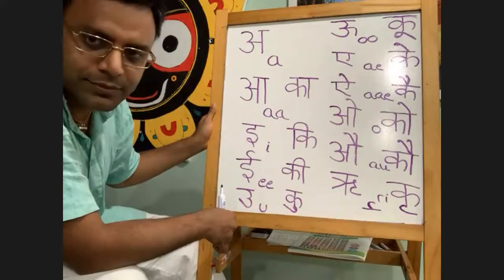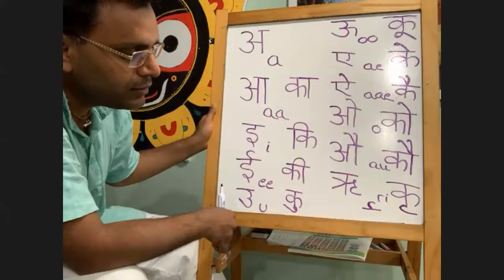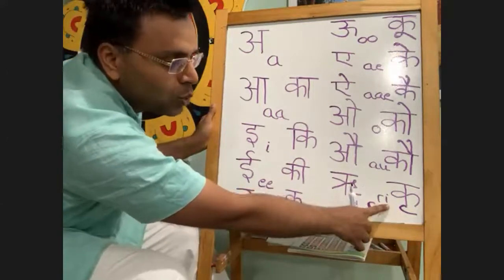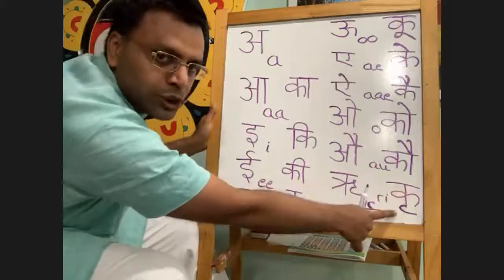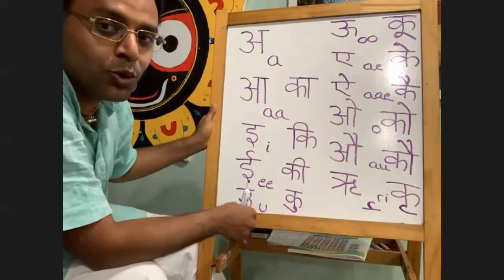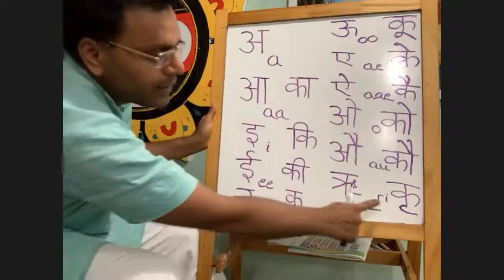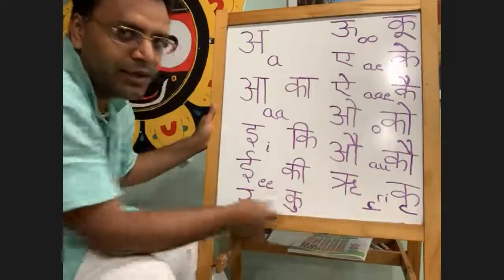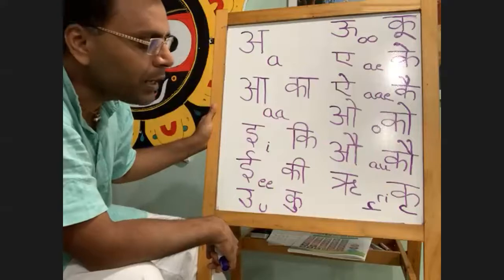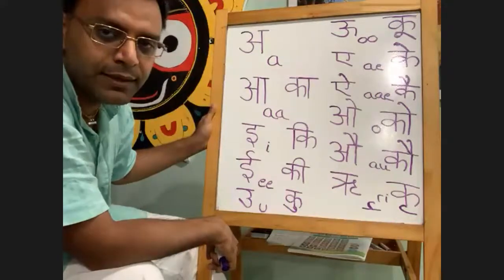We can say re or ru, both are correct. So Ka plus Ru, Krushna. Rather than RI, you say it as RU.